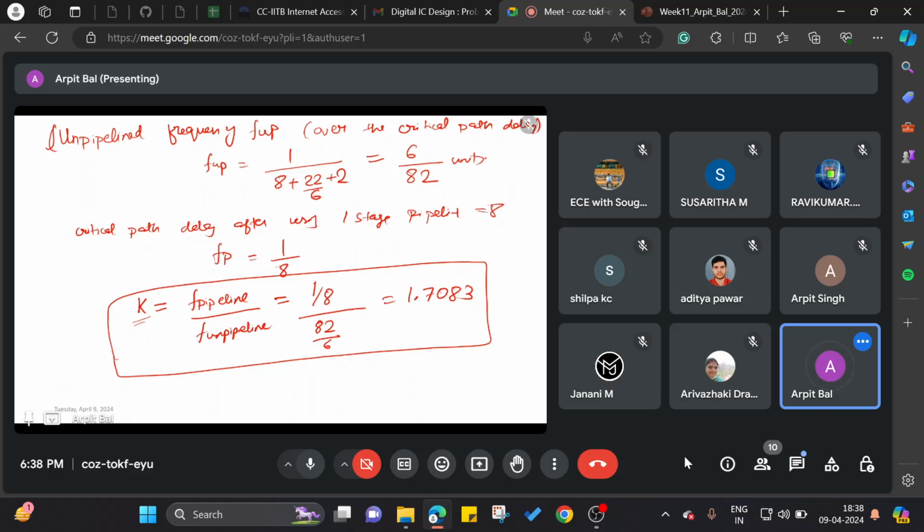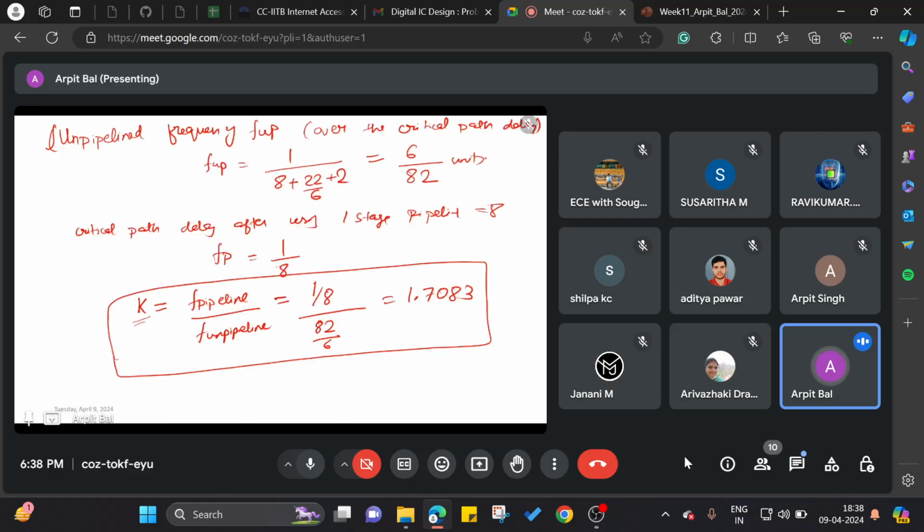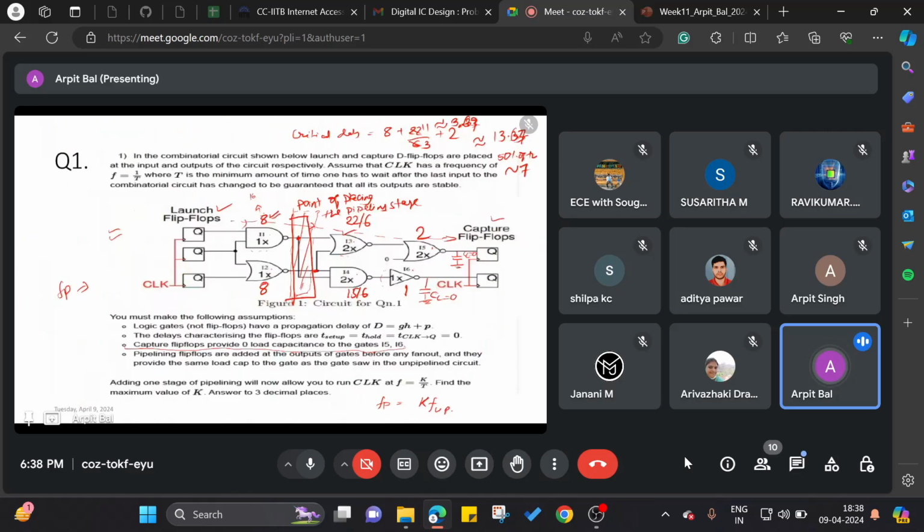Okay, so now the question asks that if we are allowed to add one more stage in addition to the existing pipeline stage that we placed here, then how much can K increase?